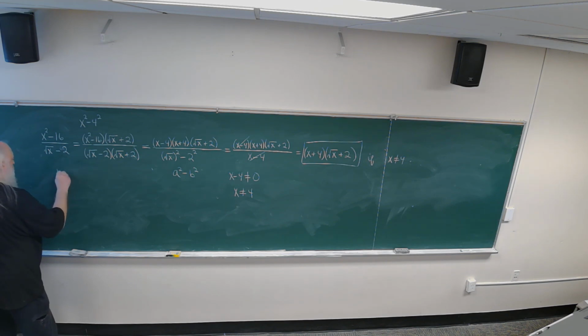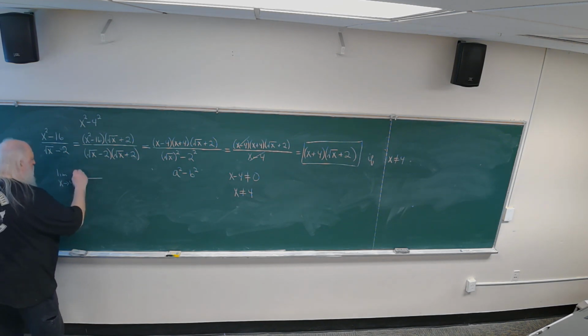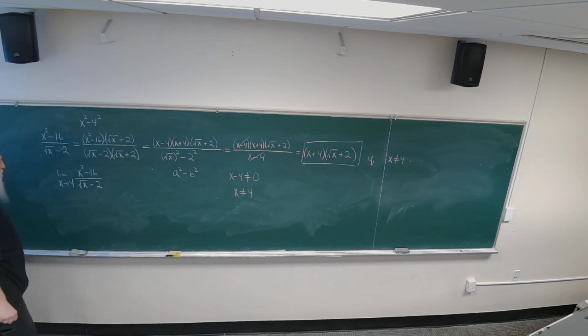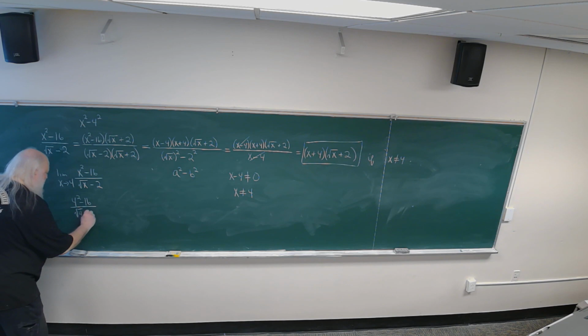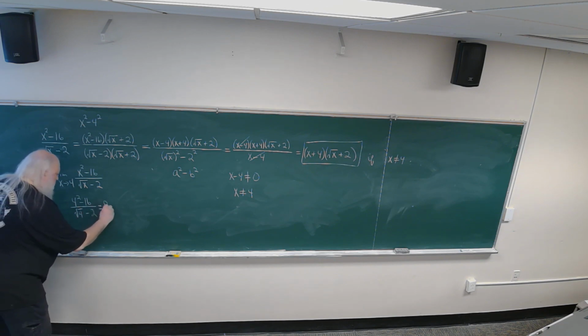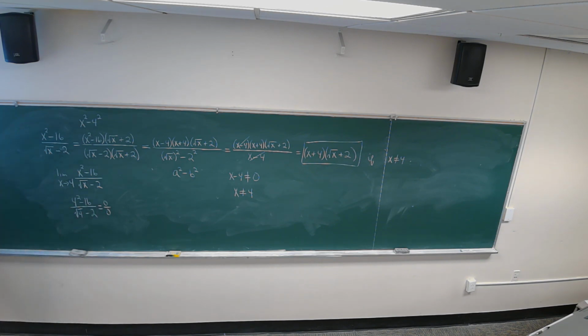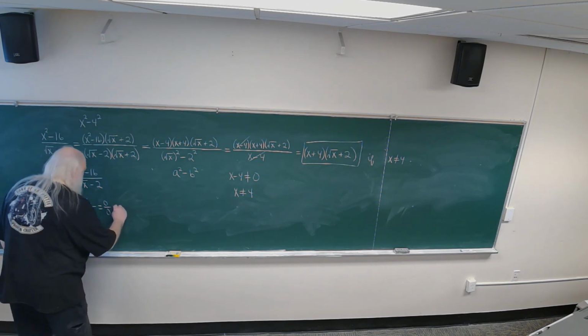We have the limit as x approaches 4 of x squared minus 16 over the square root of x minus 2. When you do the direct substitution, you have 4 squared minus 16 over the square root of 4 minus 2, which is numerator equals 0, denominator equals 0, and 0 divided by 0 is undefined.